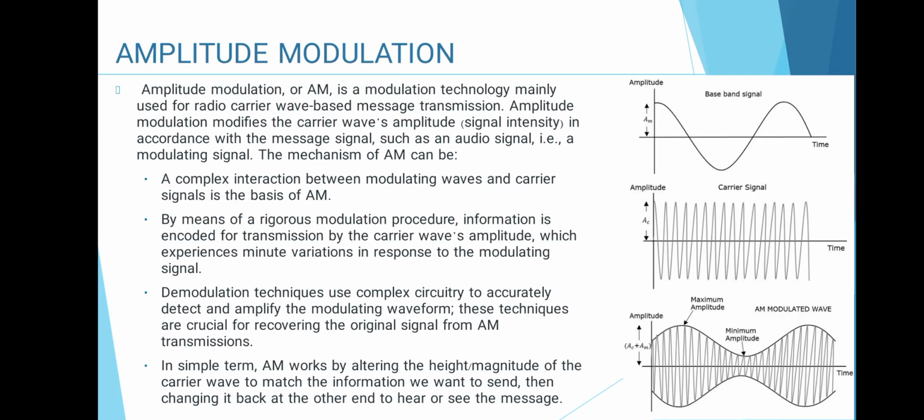Now, let's focus on our main topic, amplitude modulation. Amplitude modulation, or AM, is a modulating technology mainly used for radio carrier wave-based message transmission. Amplitude modulation modifies the carrier wave's amplitude in accordance with the message signal, such as an audio signal.